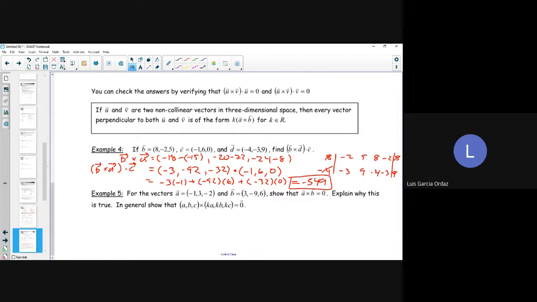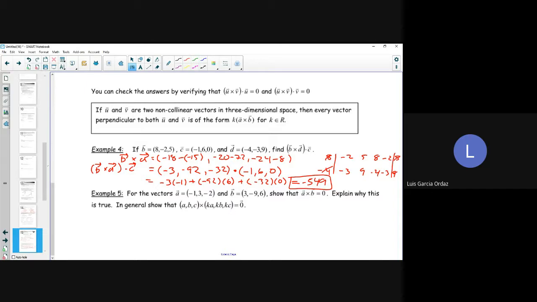All right, so for example 5, for vectors a and b, I want to show that a cross product b gives me 0 and explain why this is true. In general, show that abc cross product ka, kb, and kc is equal to 0.